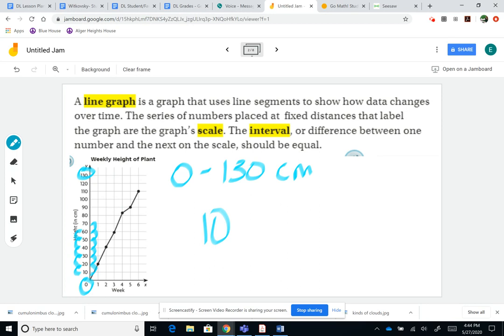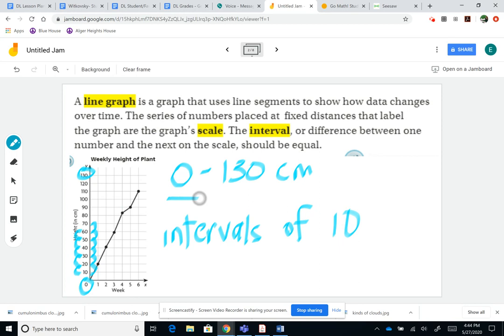So it's intervals of 10. And that's sloppy. I apologize for that. Let me be a better teacher. Okay, intervals of 10. Okay, and seriously, that's what it's counting by.